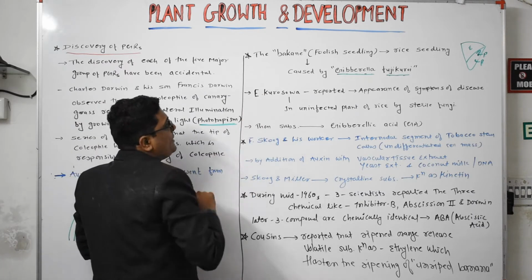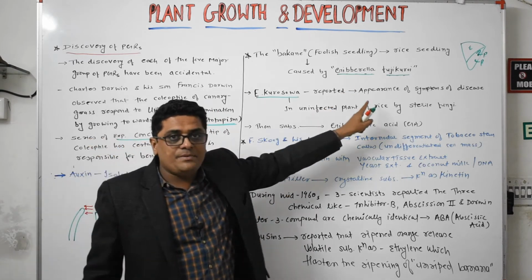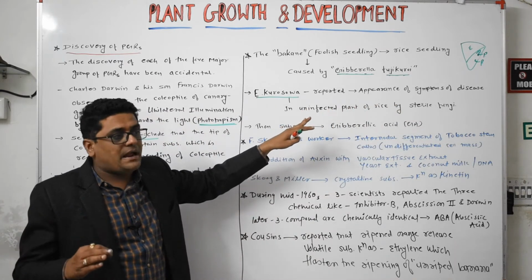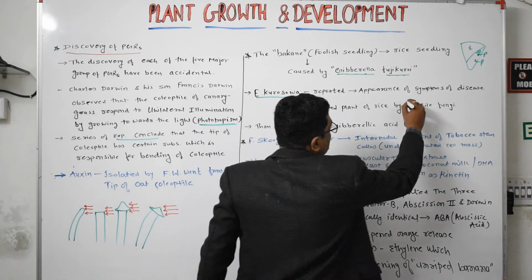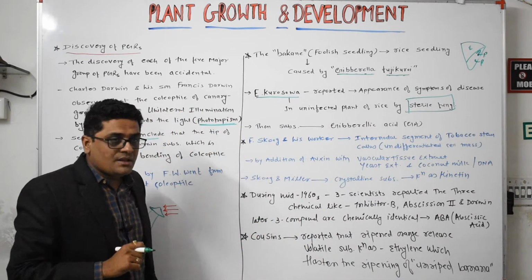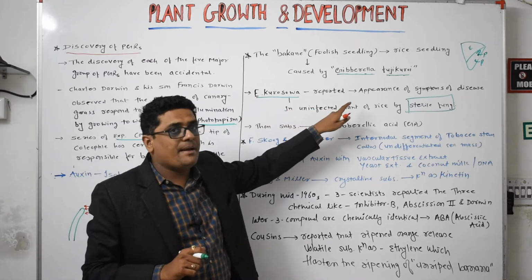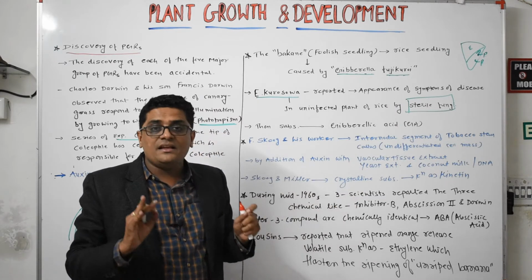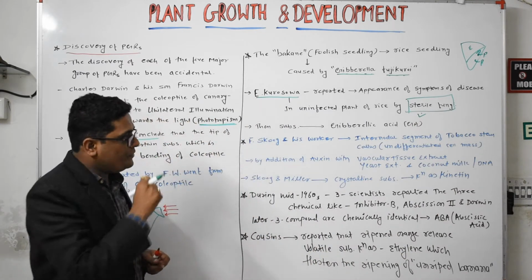E. Kurosawa, the name of a scientist, reported the appearance of the symptoms of the disease in healthy rice plants when they were infected by the sterile fungi. Which fungi? This is Gibberella fujikuroi. So what exactly did Kurosawa do? Kurosawa reported the appearance of the symptoms of the disease in healthy rice plants when affected by the sterile fungi.